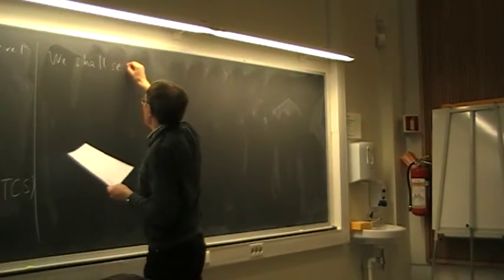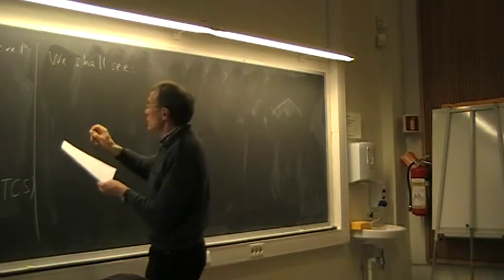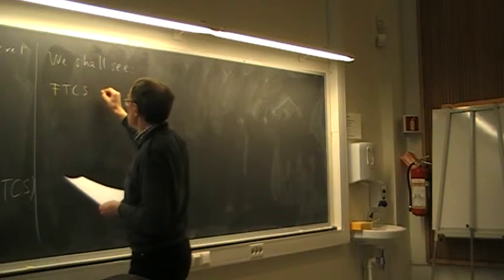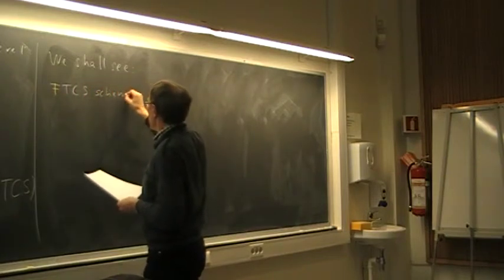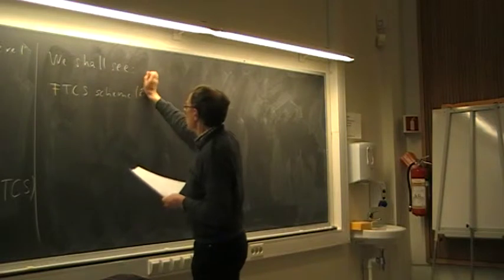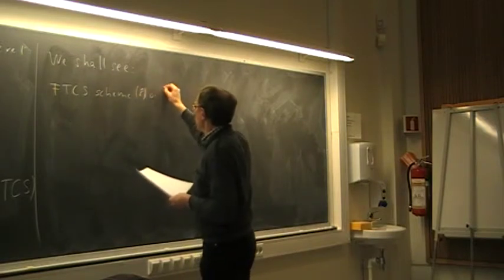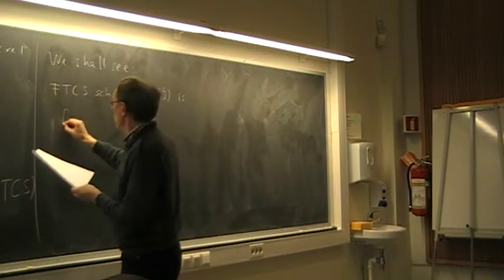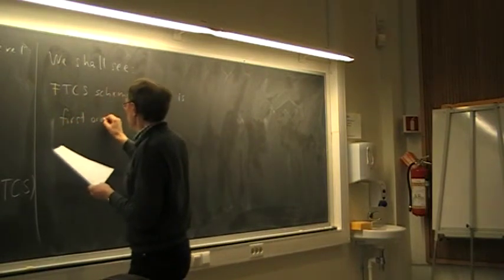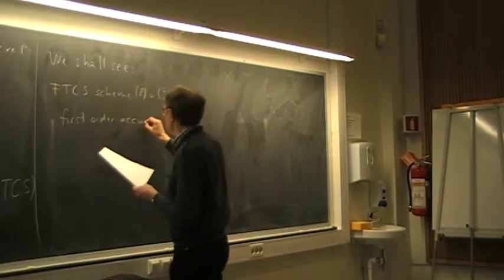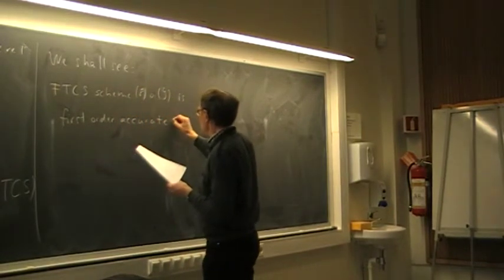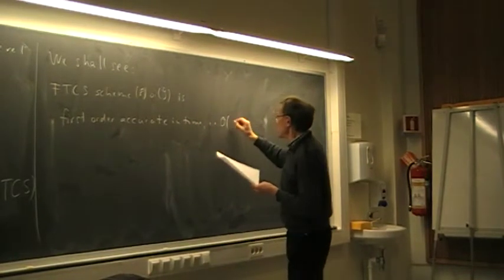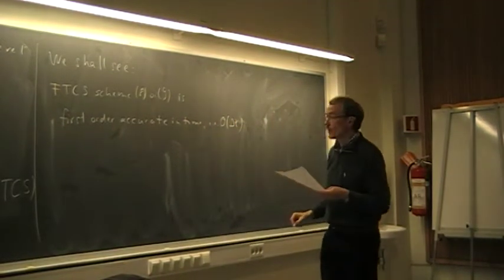So we shall see that the FTCS scheme, equations 8 and 9, is first order accurate in time. That means we write it in order terms as O of delta t.